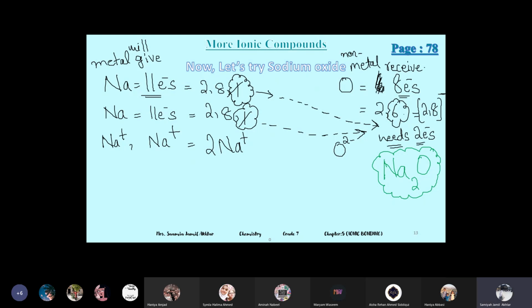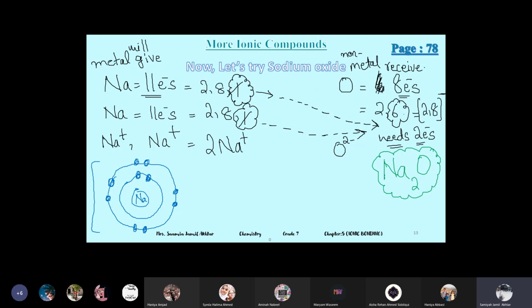Okay, so Na2O, and its diagram will be, there will be 2 sodium. Okay, so let's draw sodium. Na, its first shell, second shell, and both are complete. So even if you don't draw, it's fine. 1, 2, 3, 4, 5, 6, 7, 8.